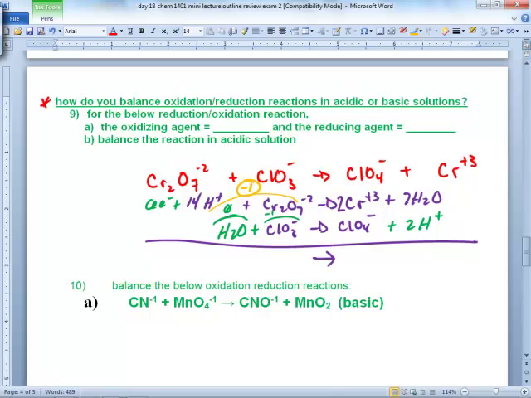Okay. The product side, Kelly, right here I've got -1. Right here I've got +2. So the total is +1. Okay. So Paul, I've got a -1 on this side. I've got a +1 over here.